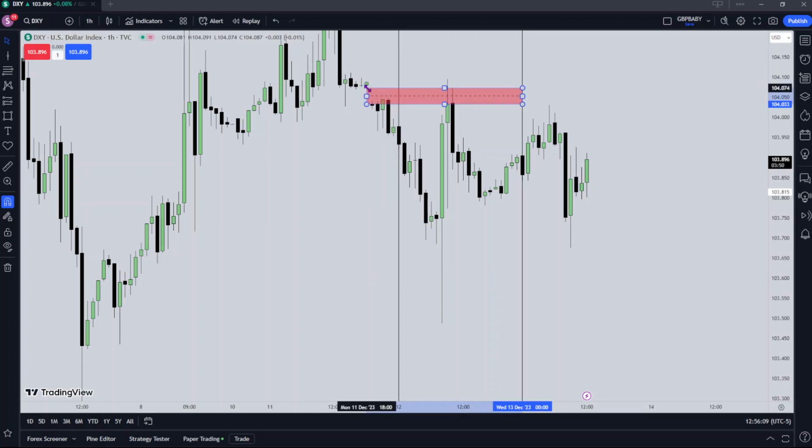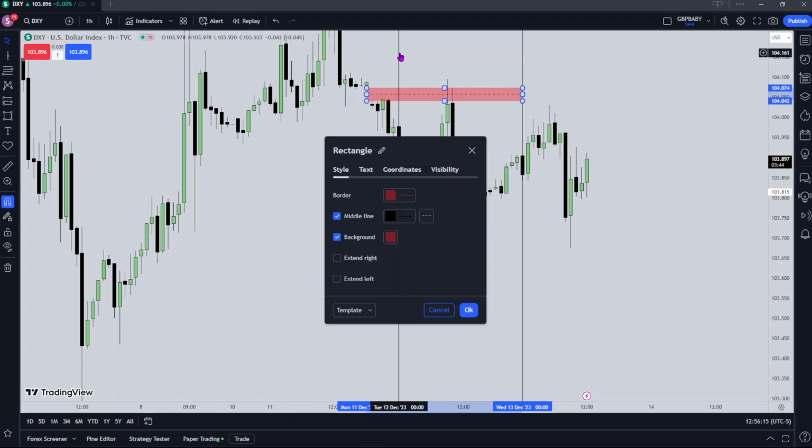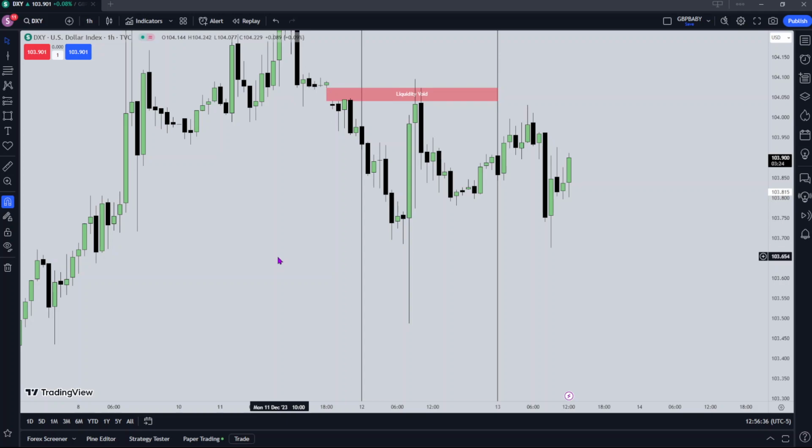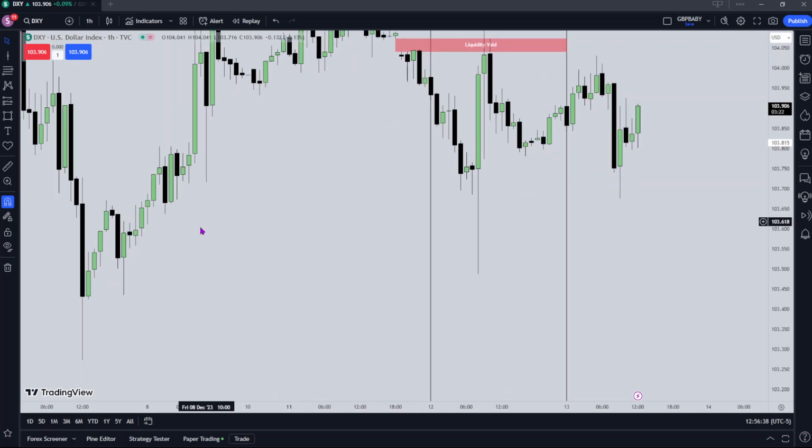Actually, let's do it from here to here, and then we'll know that this is the liquidity void, because it is void of any trading on both sides. So let's just put that in like so. And yeah, let's drop down to the 1 minute and have a look.